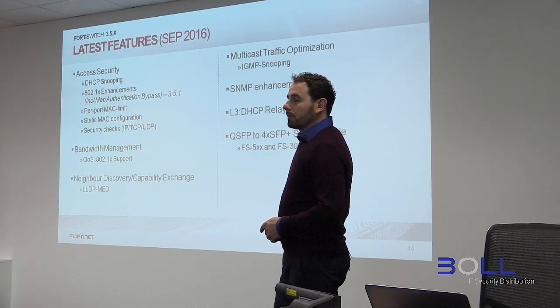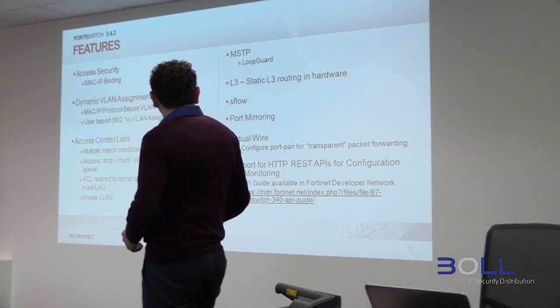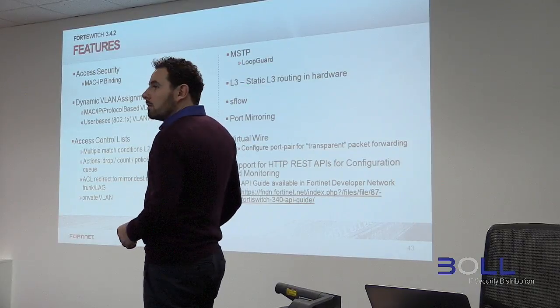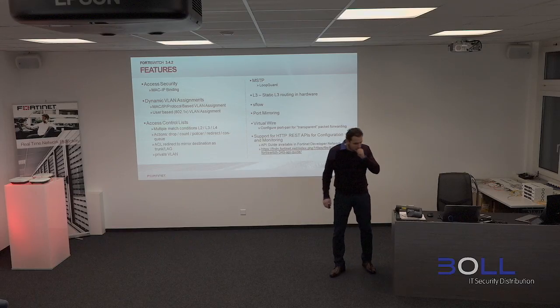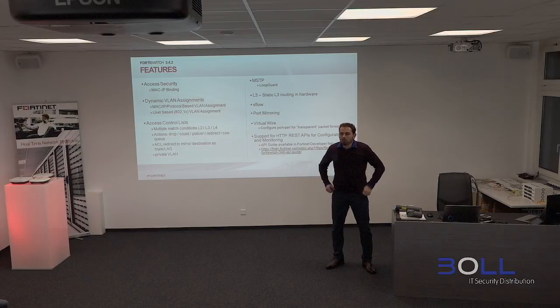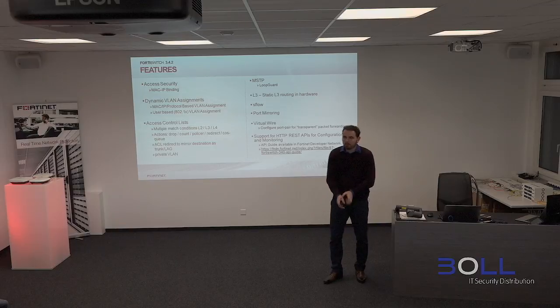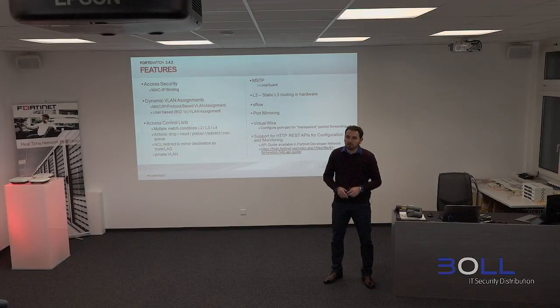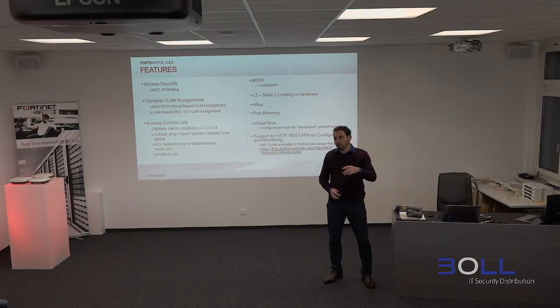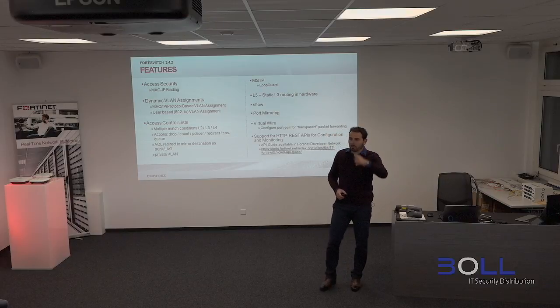Short question. You mentioned layer 3 static routing only in standalone, or also in combination with the FortiGate? You said the layer 3 routing will be done on the firewall. So it's only possible if it's a standalone switch? Yes. So you have layer 3 routing when it's standalone. If you have a deployment with FortiGate, then the FortiGate is the layer 3 router, or you have another router.